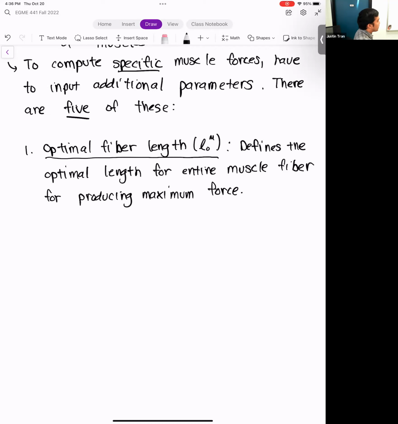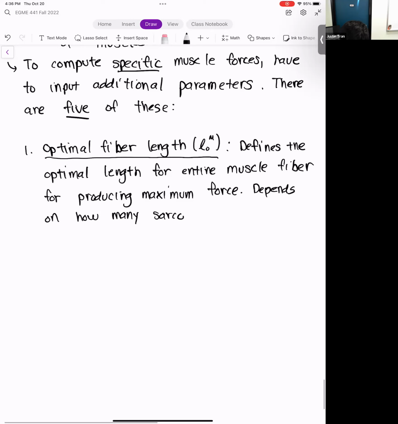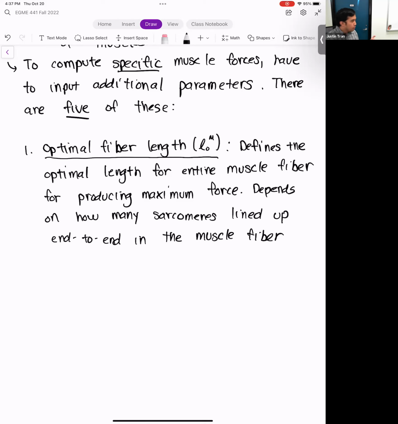The way that we're going to compute this depends very strongly on how many sarcomeres are lined up end to end in that muscle fiber, because each sarcomere has its own optimal length.